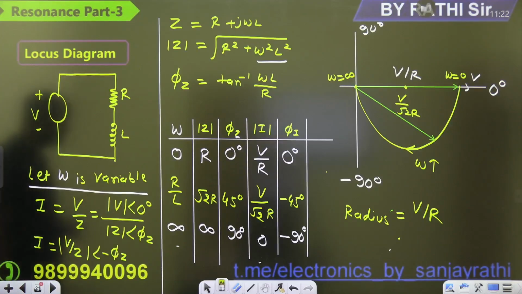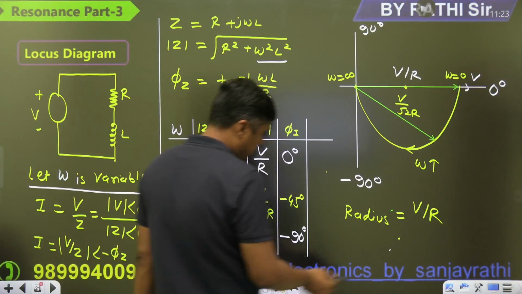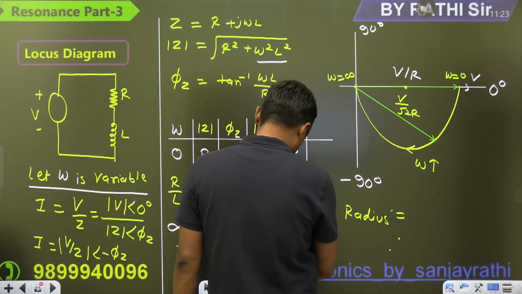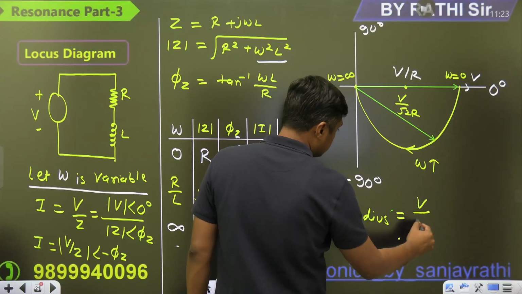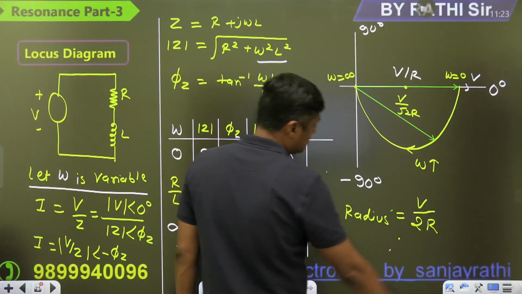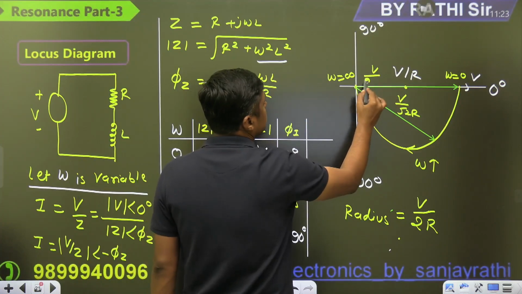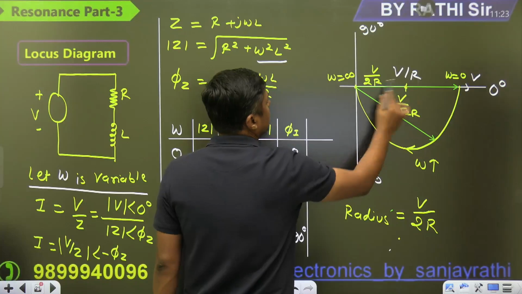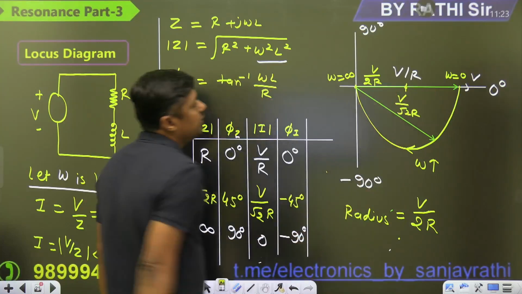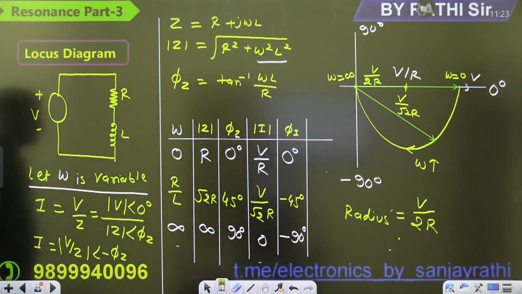V by 2R, yes, radius is V by 2R. Half of that, this and that, this one, V by 2R. So we are getting the three values.